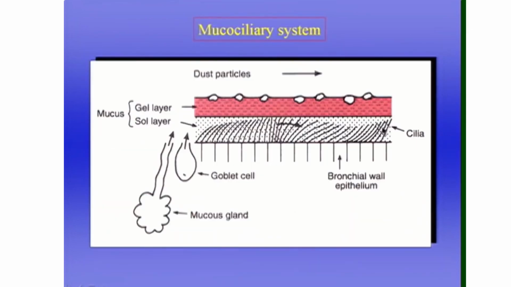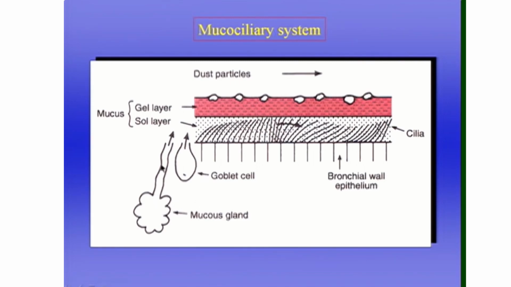And here's a good view of the mucociliary system, and I partly show it to indicate that the goblet cell, which we saw in the last slide, is here in the airway epithelium, but actually more important from the point of view of providing mucus or seromucus material are the glands deep in the airway wall, shown here in a drawing.